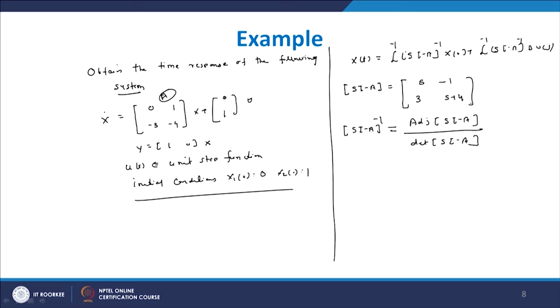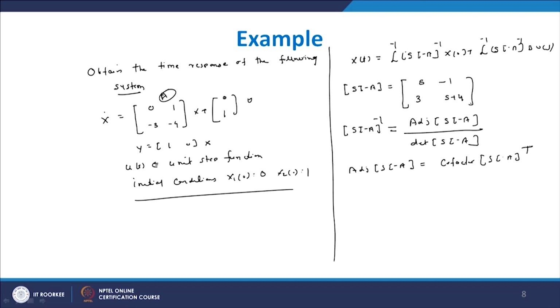And how to define the adjoint of sI minus A? The adjoint of sI minus A equals the cofactor of sI minus A, transposed. First of all we determine the adjoint.